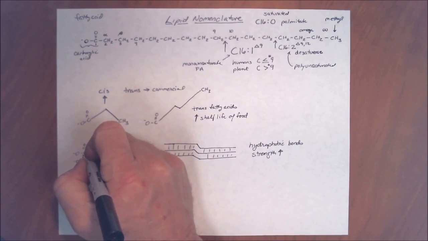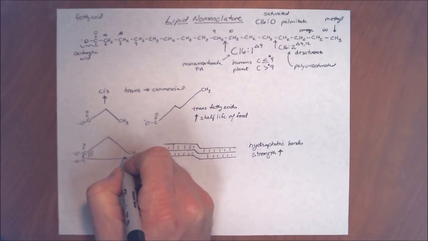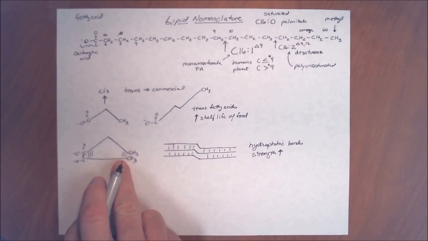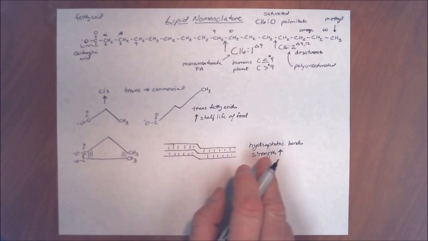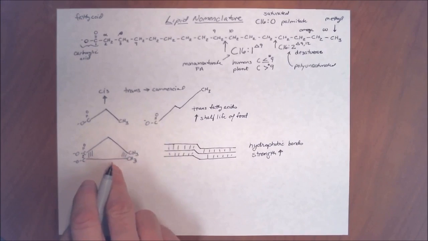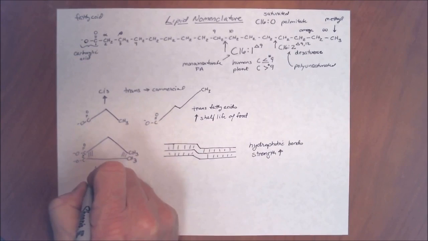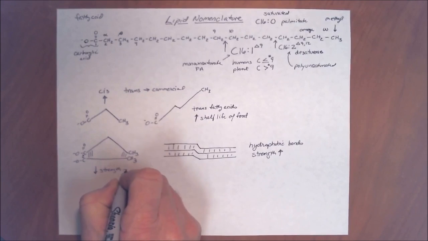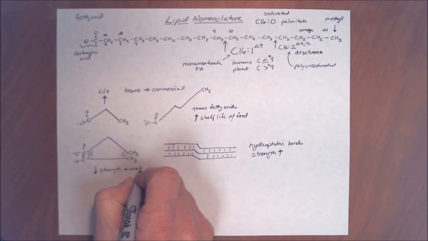Now notice the bonds that can form hydrophobic bonds, distance matters, so only when these hydrocarbon chains are close together can the hydrophobic bond form with any type of strength. So these hydrophobic bonds have a decreased strength. In other words, these are weak interactions.